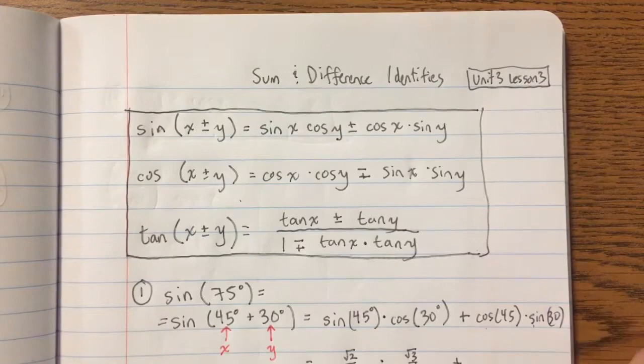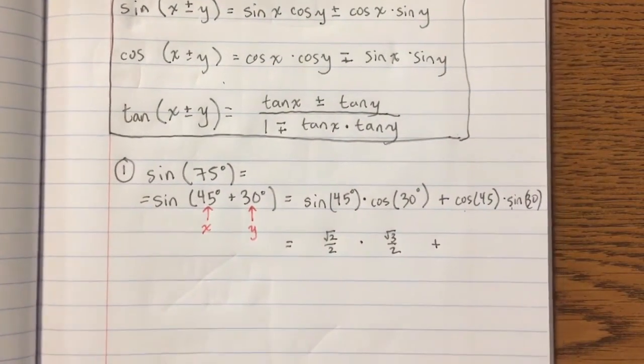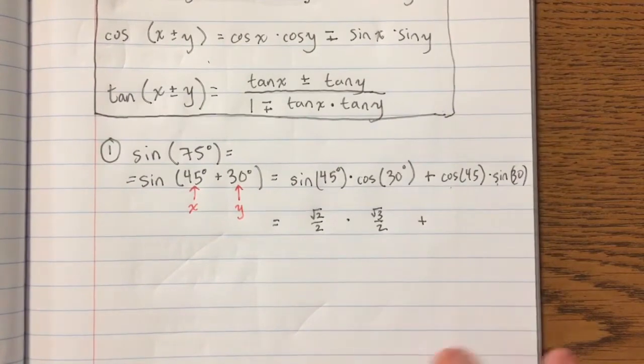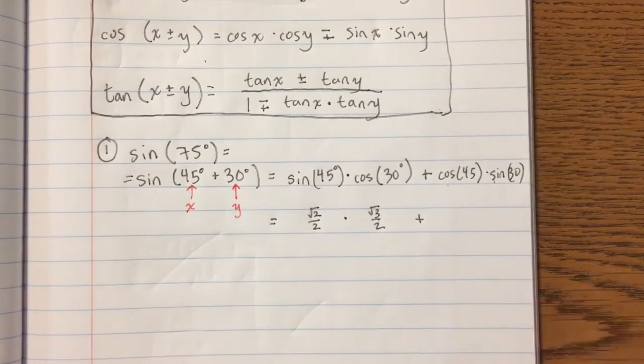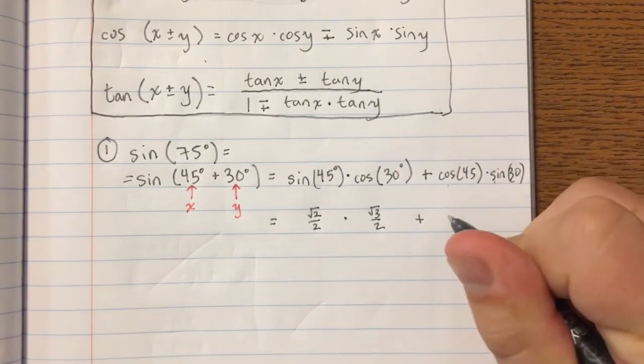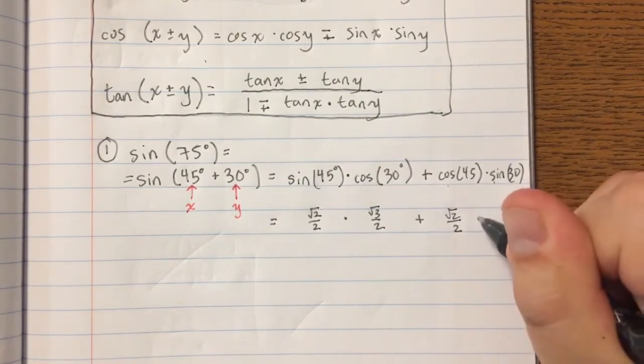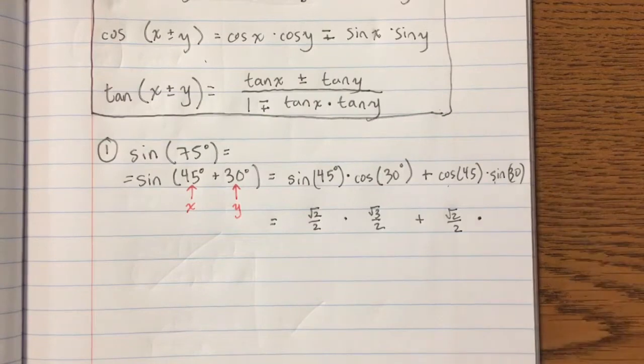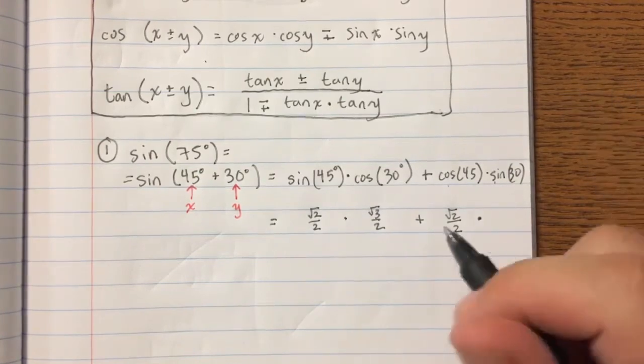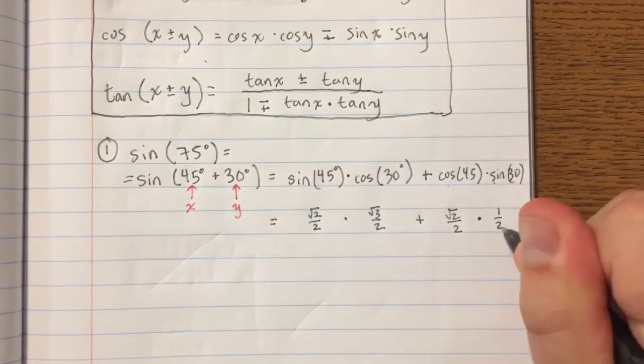What is cosine of 45? Yeah, it's root 2 over 2. And what is sine of 30? So have your unit circle ready for these problems, for sure, because we're going to keep referring back to these. So what's sine of 30? 1/2. Okay, so we're almost done here.